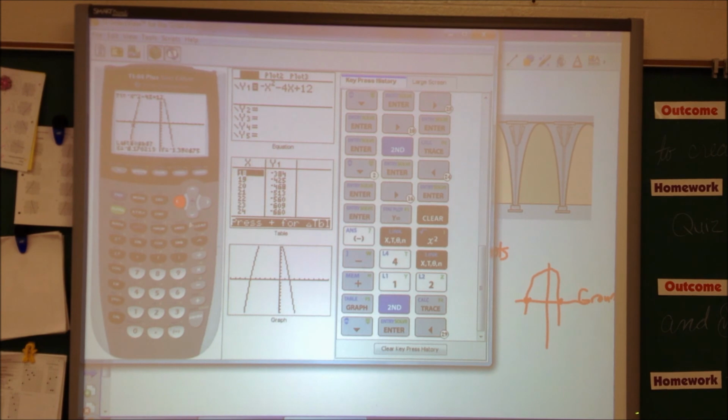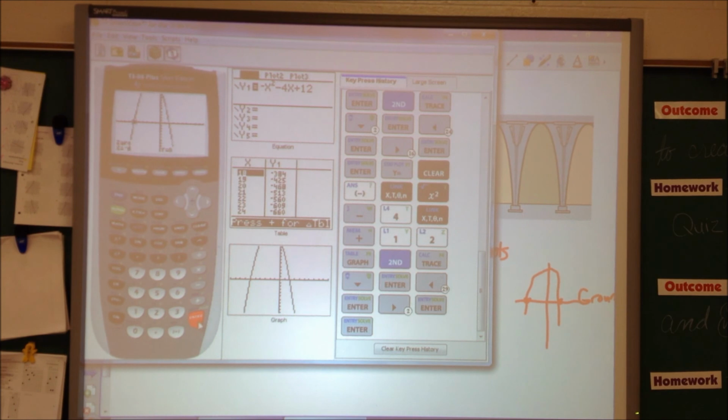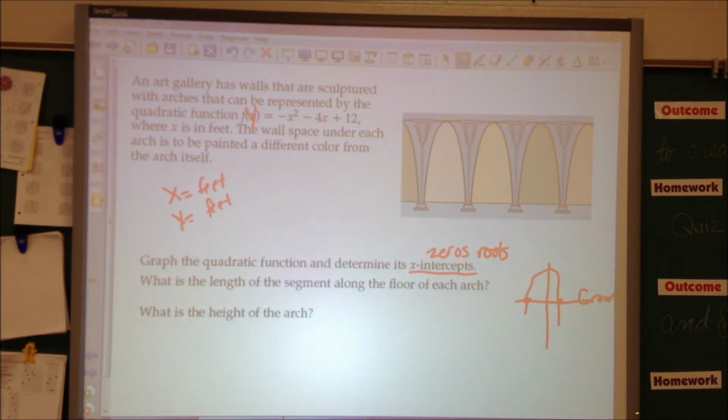So I'm going to be on the left side of this one, hit enter, go up to the right side of that x-intercept. I'm going to find them one by one because this time it wasn't at 0, 0. Hit enter, enter again, and I get negative 6, 0. So my x-intercept is at negative 6, 0. So over here I'm going to write it like this. Oh, sorry, negative 6. And now I need to find this one over here.